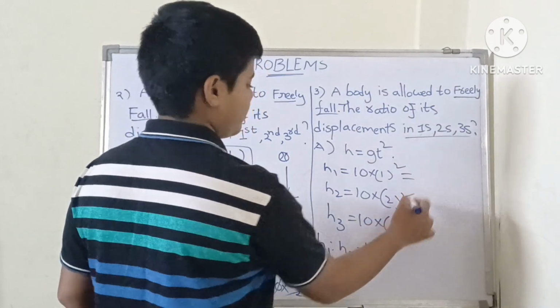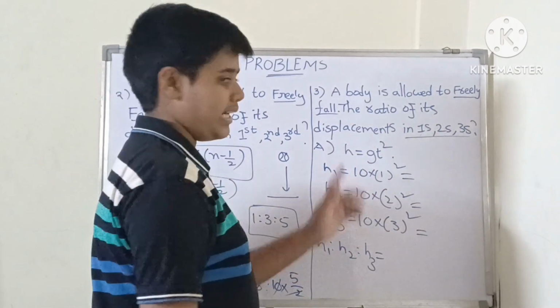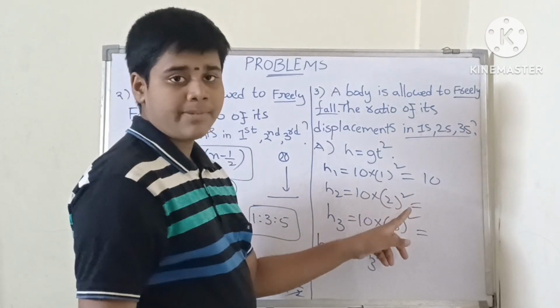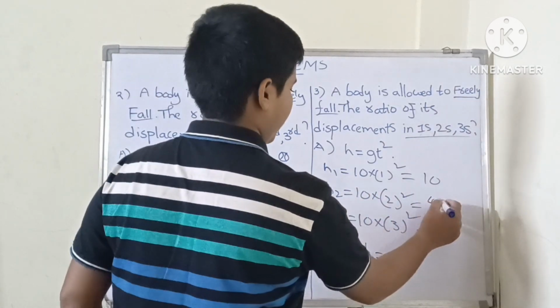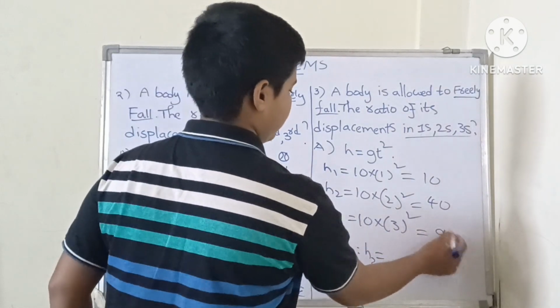If we solve these three, 10 into 1 square means 10. 10 into 2 square means 4, 10 into 4 is 40. 3 square means 9, so 10 into 9 means 90.